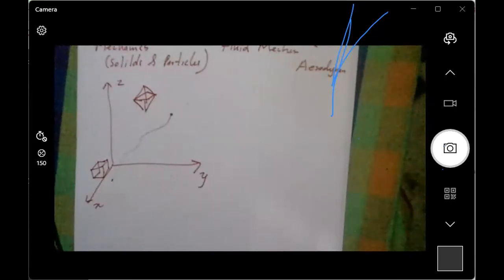Any questions? That's why we always prefer to do things as particles. Do you need any clarifications? Why we should always go for a particle? Okay.